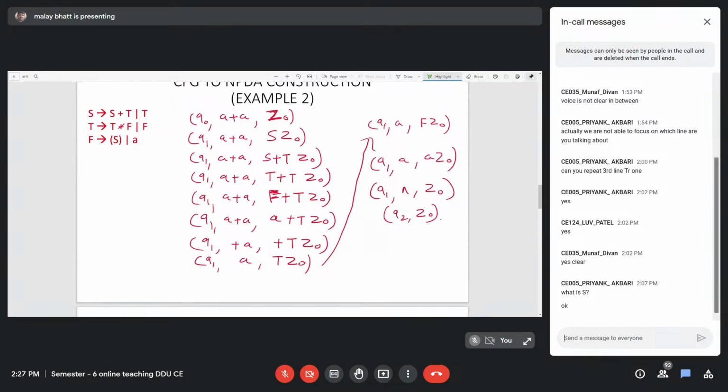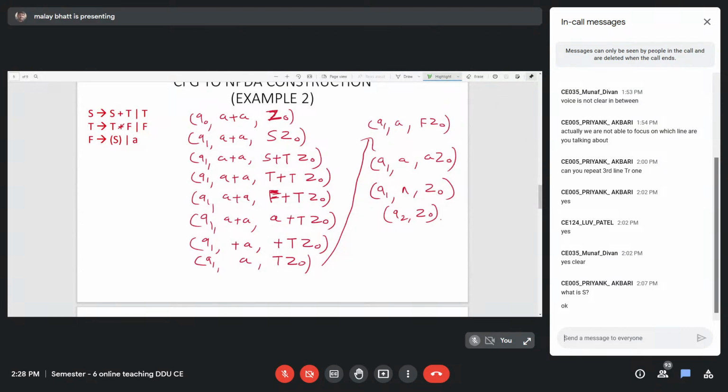So we are getting Q1, A plus A, S plus T, Z0. Now for S, again we have two branches, but I am showing the correct path. So Q1, A plus A, T plus T, Z0.